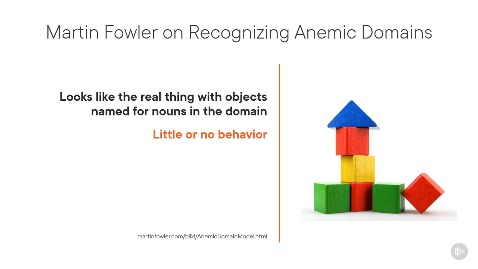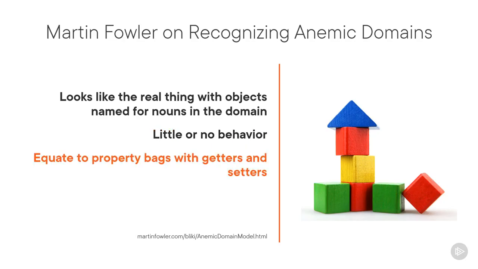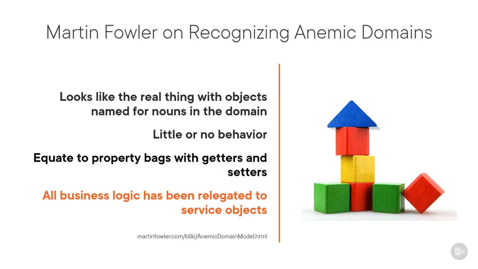The catch comes when you look at the behavior and you realize that there's hardly any behavior on these objects, making them little more than bags of getters and setters. Indeed, often these models come with design rules that say you're not to put any domain logic in the domain objects. Instead, there are a set of service objects which capture all the domain logic. These services live on top of the domain model and use the domain model for data.